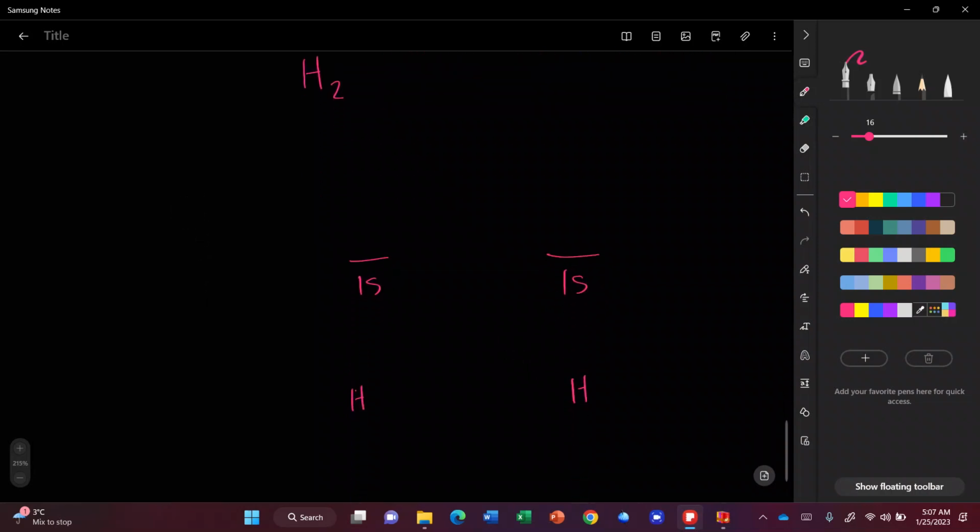When those two hydrogens come together, those two 1s orbitals combine with one another. In H2 there is one bond, and because there's one bond, we know it is a sigma bond. So we must have combined them to get a sigma bond, and anytime we make a sigma bond, we also make a sigma star bond.